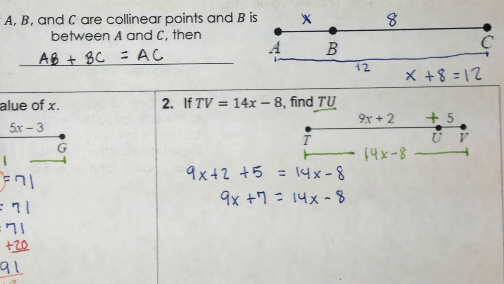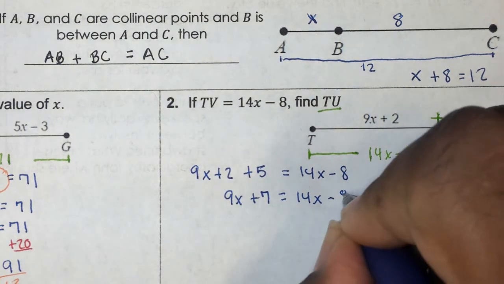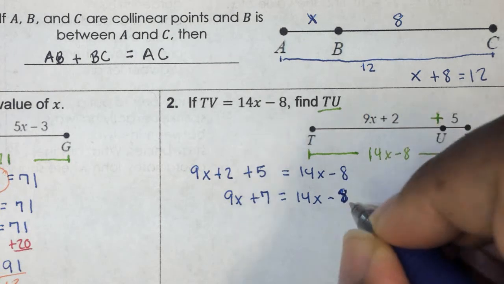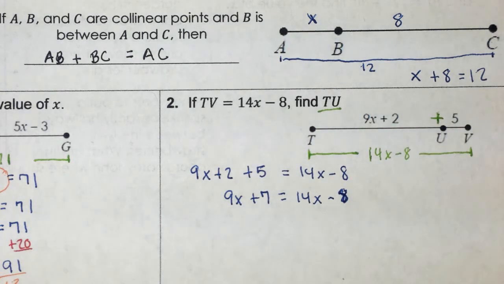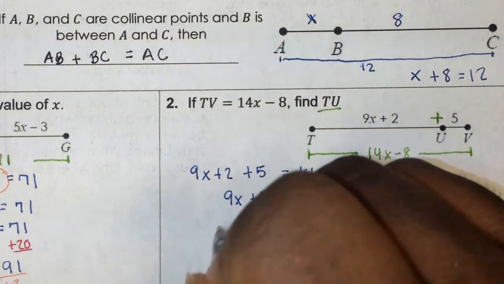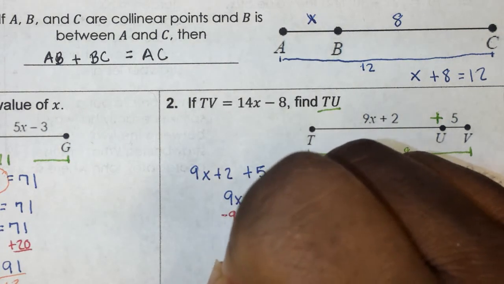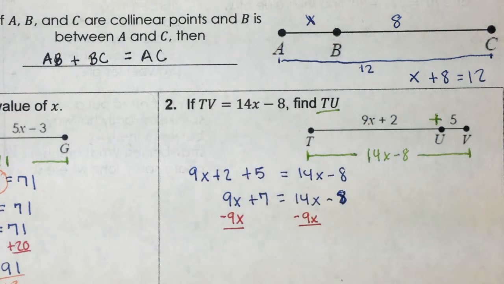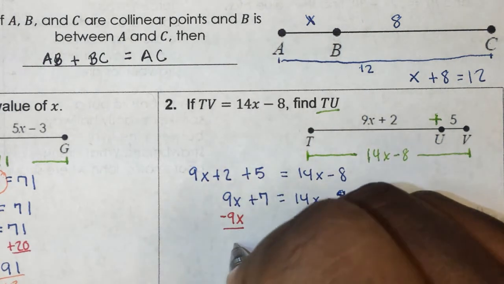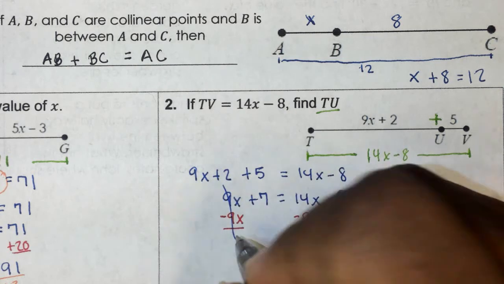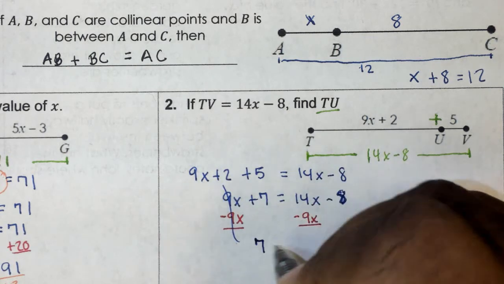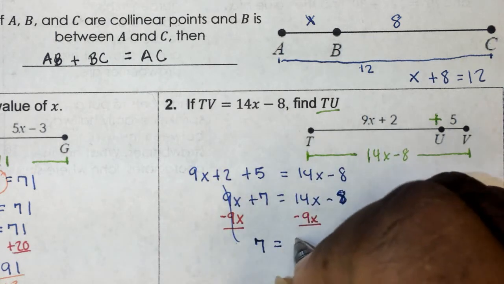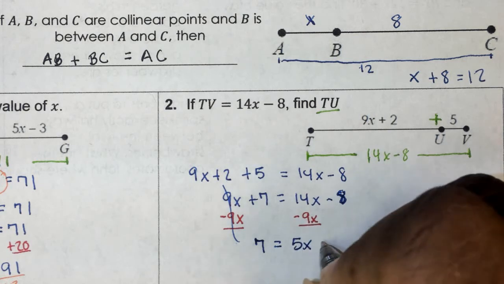And I told you, when I'm solving an equation and I have variables on both sides, I always choose my smaller variable to move. For me, I'm going to move my 9x. Subtract 9x, subtract 9x. Cancels. Leaves me with just 7 equals 5x minus 8.